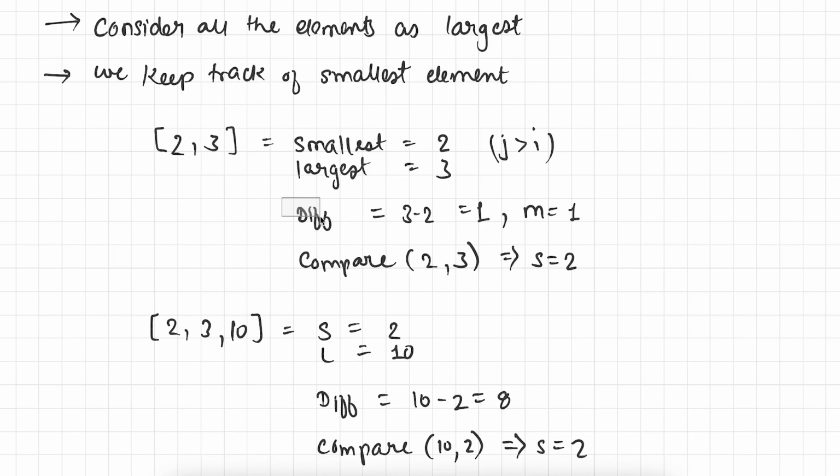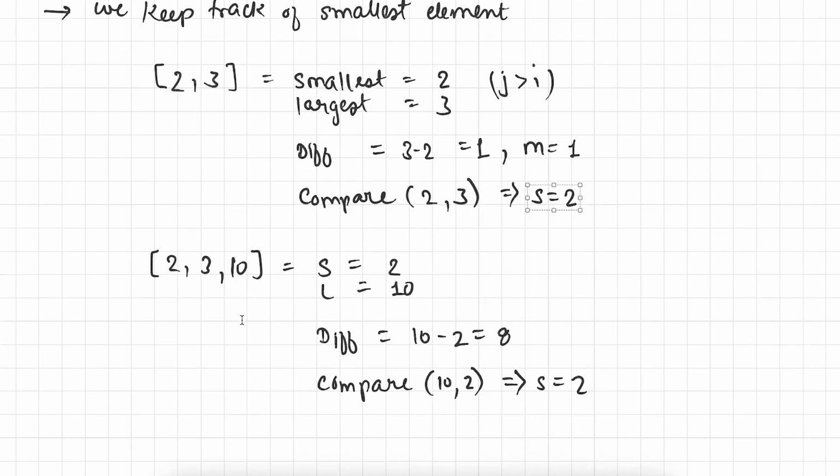First we find the difference, and the difference of 3 and 2 is 1. So the maximum so far is 1, so we set our maximum to 1, and then we compare whether the new number we are traversing is smaller or greater than the smallest number. So we compare 2 and 3, and we get to know that 2 is the smallest so far. So we keep the smallest as 2 only.